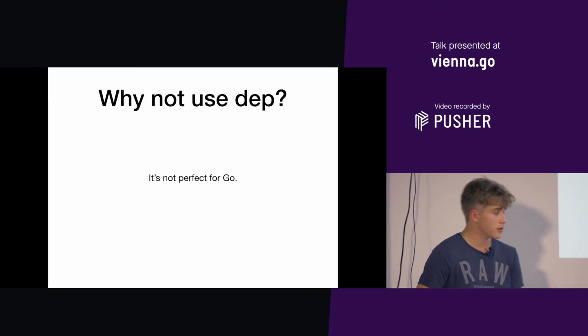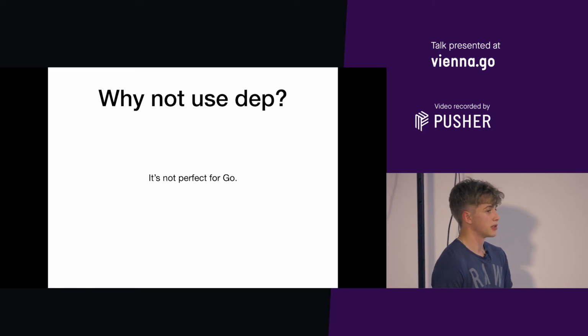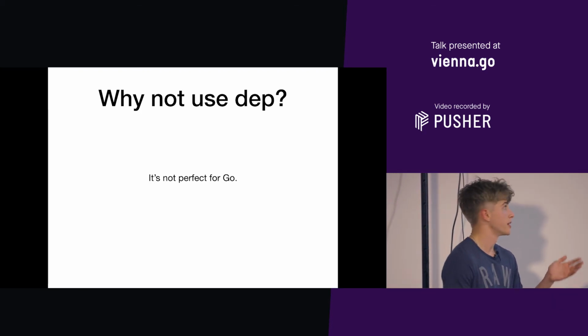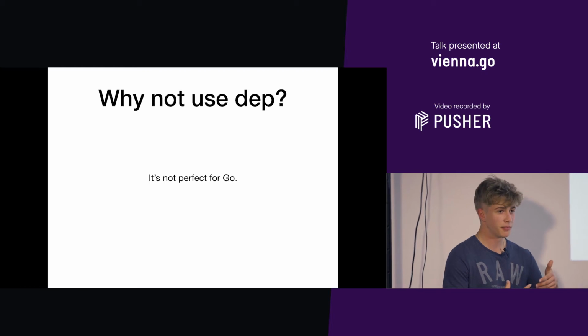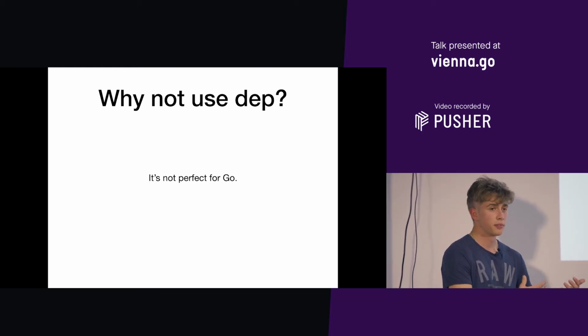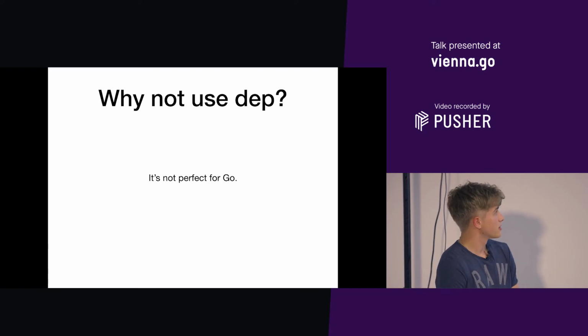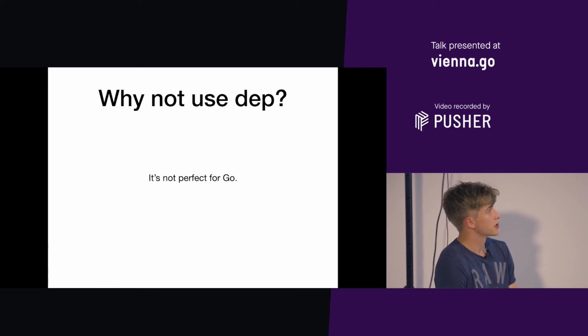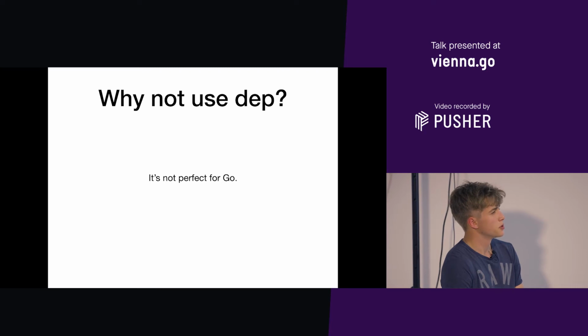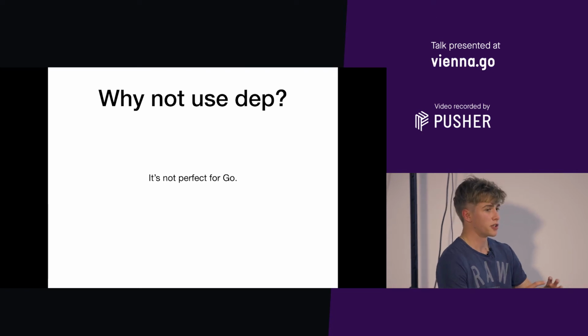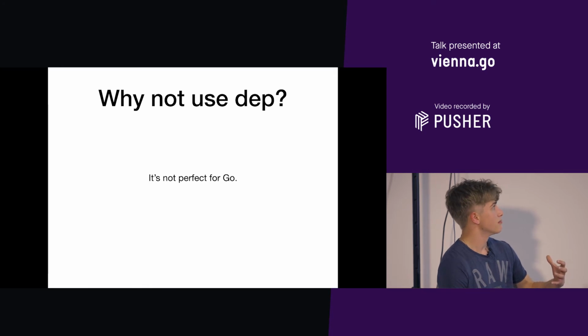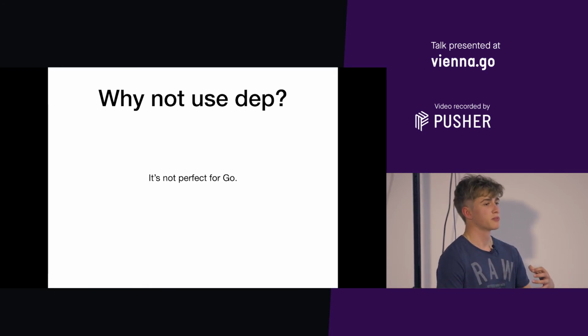So the question is, of course, why don't they use dep? Because that was the initial plan, right? They wanted to use dep or include dep in Go. And the reason is mostly that dep was somewhat inspired by Ruby's package manager and Rust's cargo and so on, and they kept very strictly to that structure. And when the Go developers started getting into that whole thing, they decided that this wasn't perfect for Go.